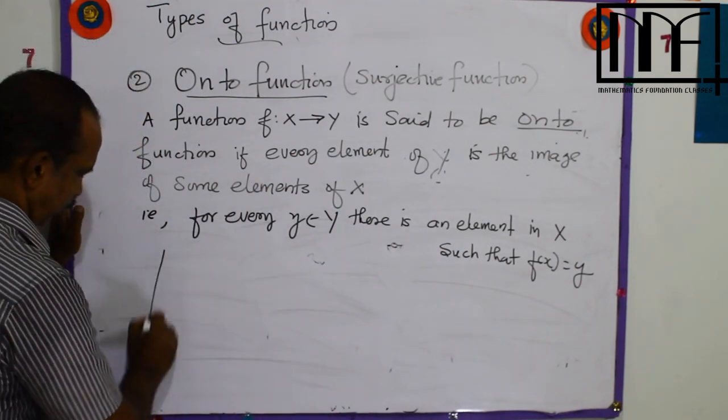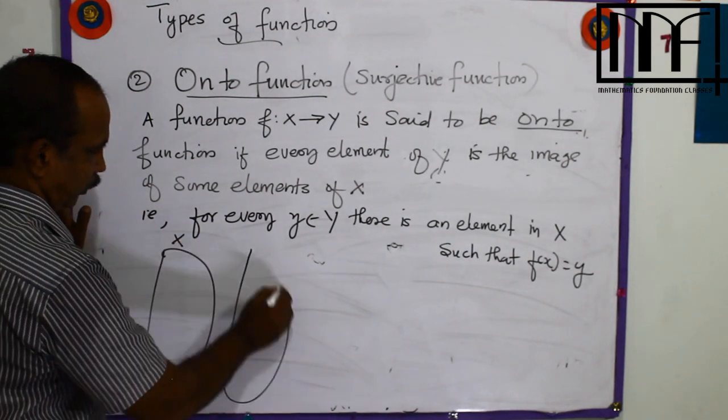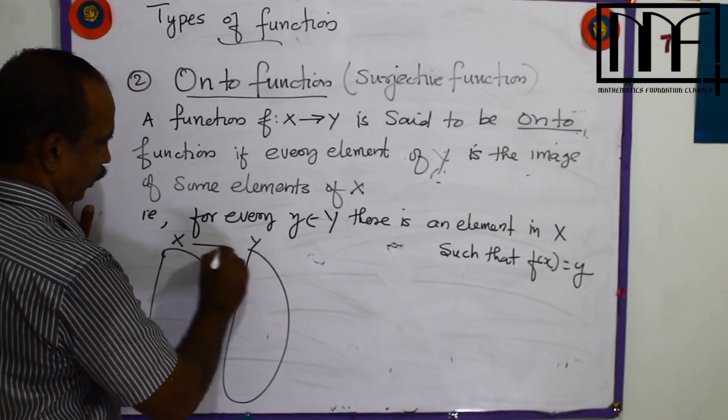Look here, this is the set X, the domain set, and this is the set Y, the codomain set.